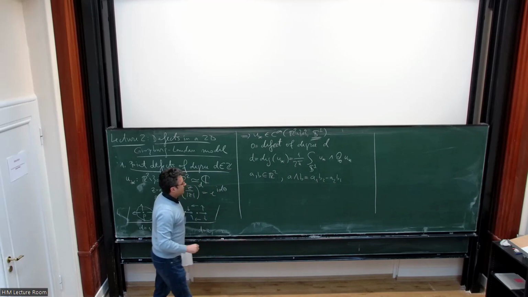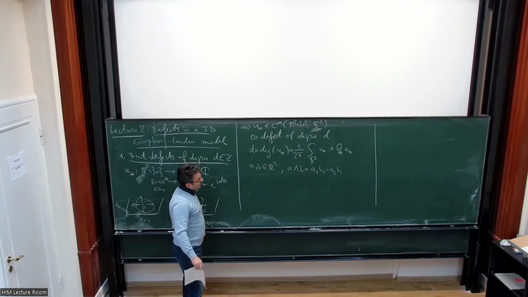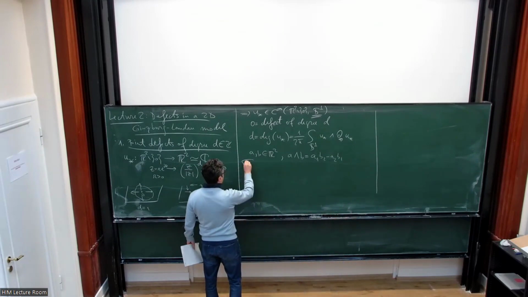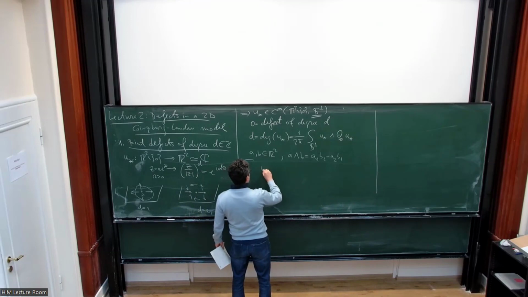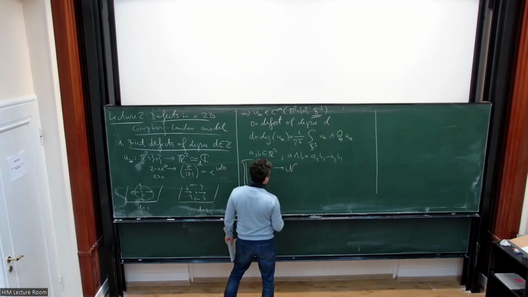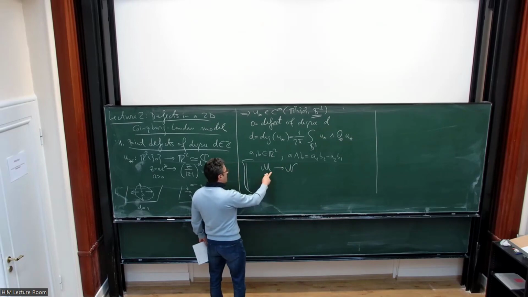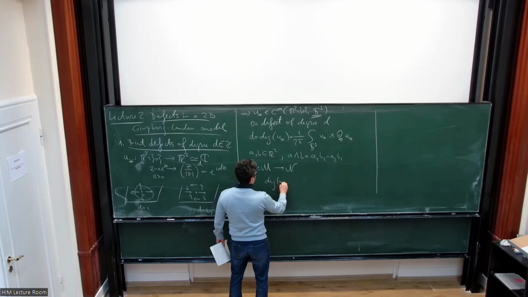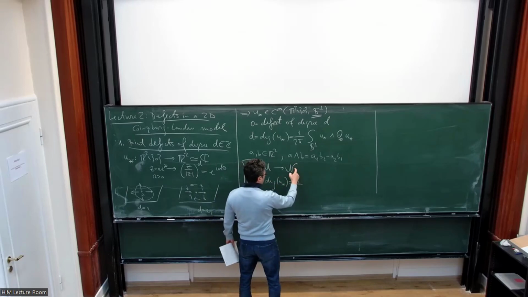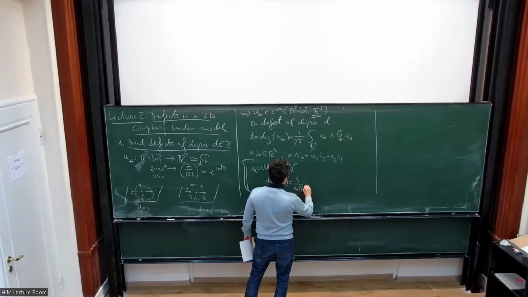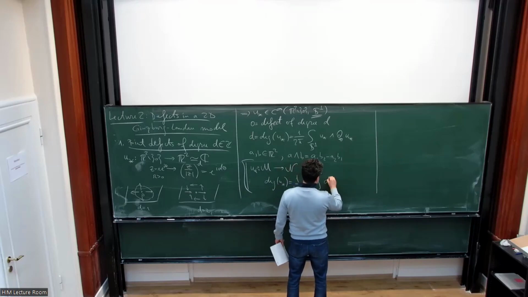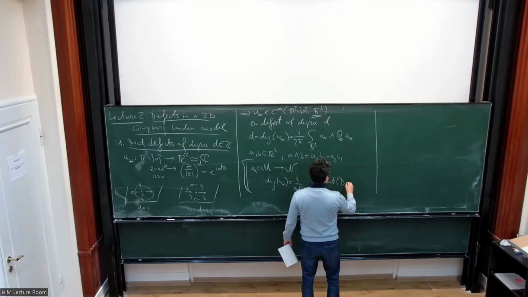It was a question in the previous lecture: what is the degree in general? Let me do an aside here. When you take two Riemannian manifolds of the same dimension, the degree is nothing but one over the volume of the target manifold, and then you integrate the Jacobian, that's the determinant of the differential of u star.